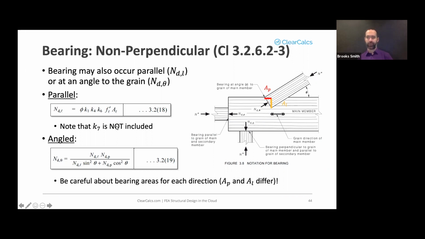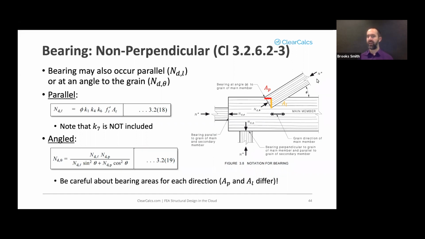If you have an angled member or an angled bearing, then you calculate individually the parallel and perpendicular capacities and combine them together in the formula shown at the bottom of the screen here. Just be careful when you do that, though, because your bearing areas perpendicular to the grain and parallel to the grain are most likely going to be different.